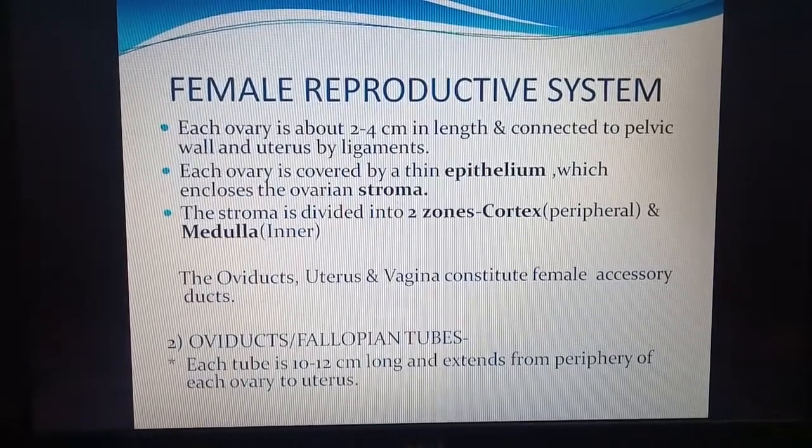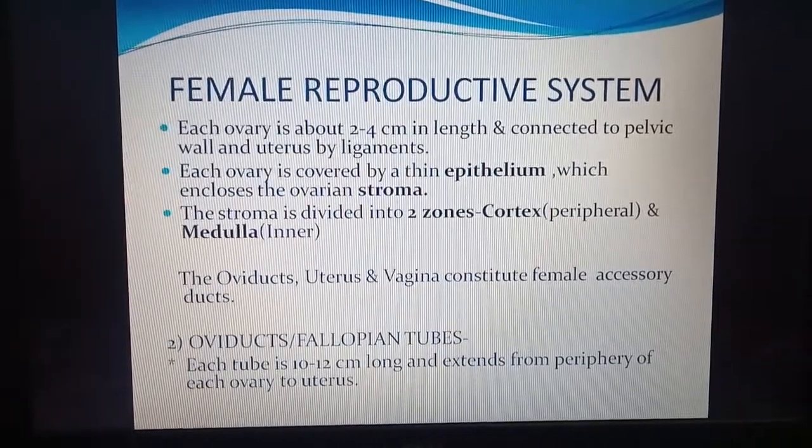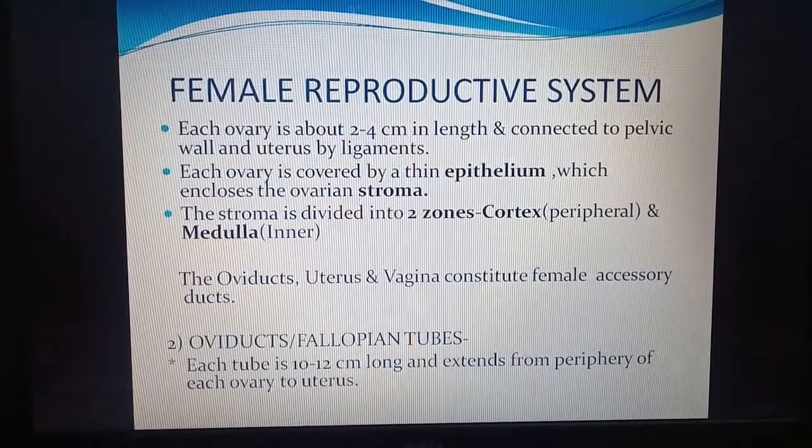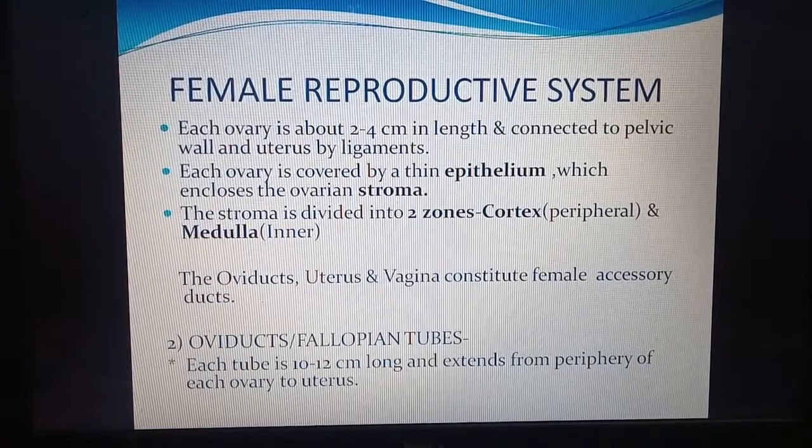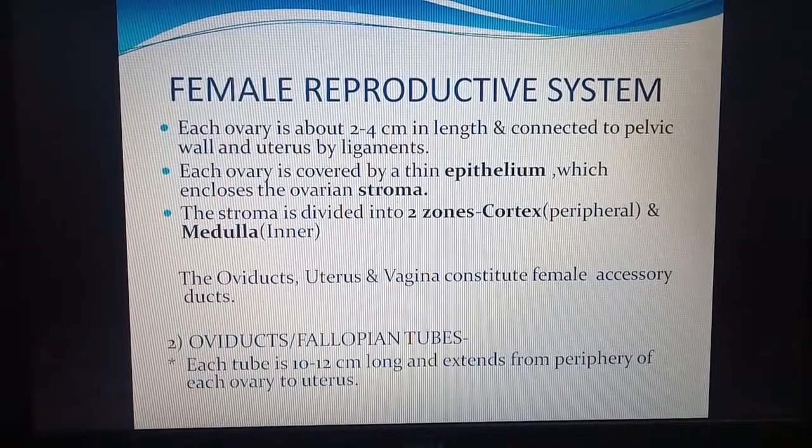Now the female reproductive system. The ovary is 2 to 4 centimeter in length and it is connected to the wall of the pelvis internally and to the uterus by ligaments. Ligaments are connective tissue. Each ovary is covered by a thin epithelium, a thin layer, and the inside structure is called stroma.